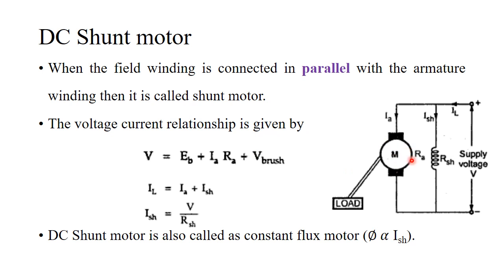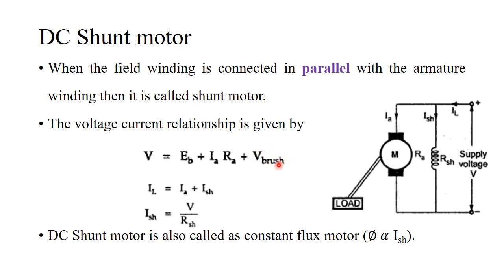DC shunt motor. Here you can see that this is the field winding which is connected in parallel to the armature of the motor. Hence it is called a DC shunt motor, and the voltage current relationship is given by, this is the terminal voltage. Terminal voltage is equal to back EMF in the armature plus voltage drop across the armature, that is IaRa, plus voltage drop across the brush.